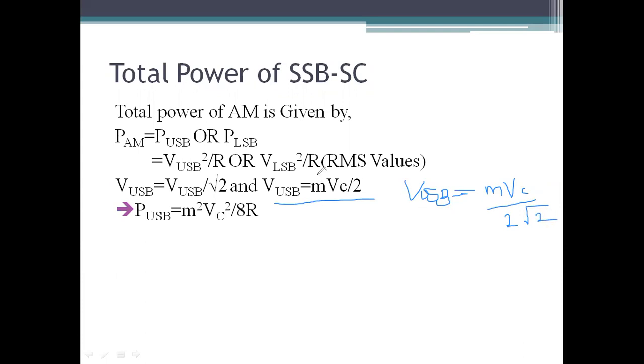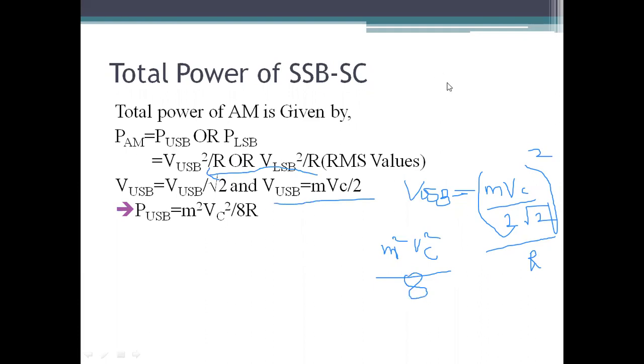Putting this in the formula for power, it becomes the whole square divided by R. So it will become m square Vc square, and 2 square is 4 and root 2 square is 2. It turns out to be 8.